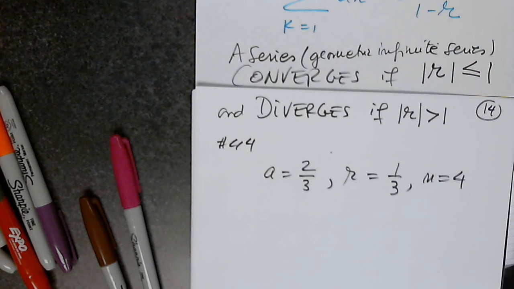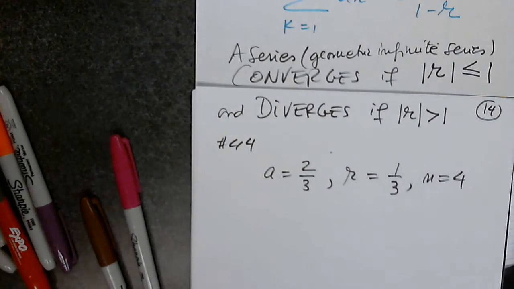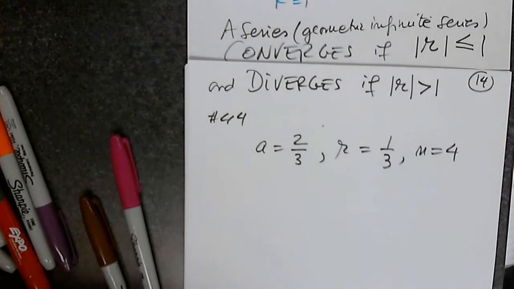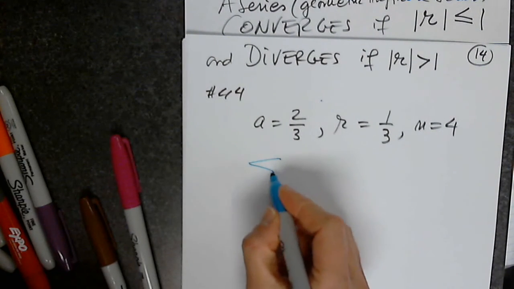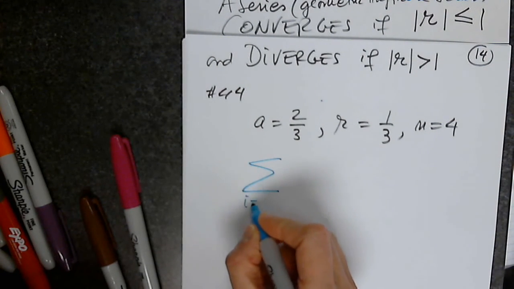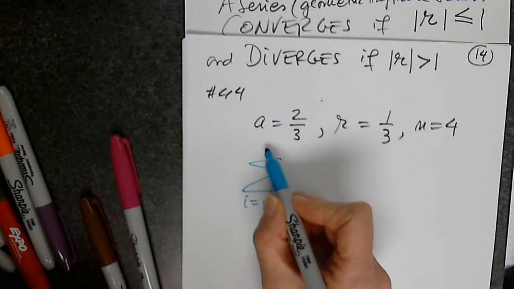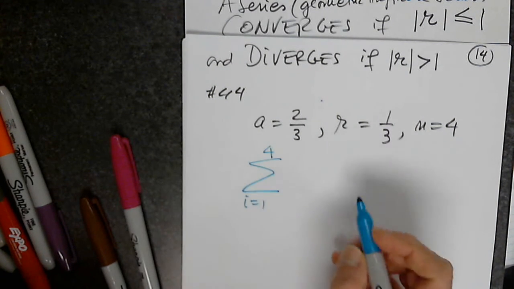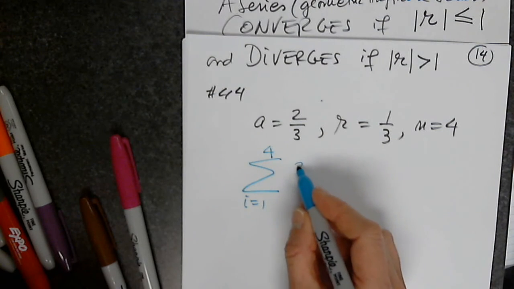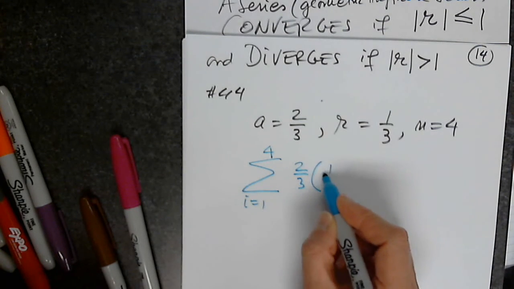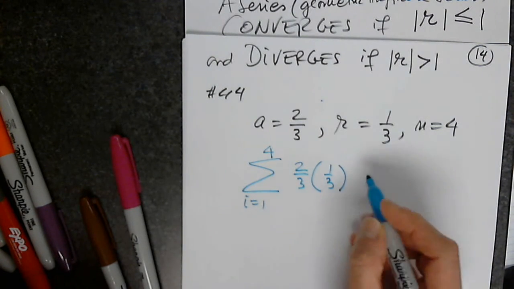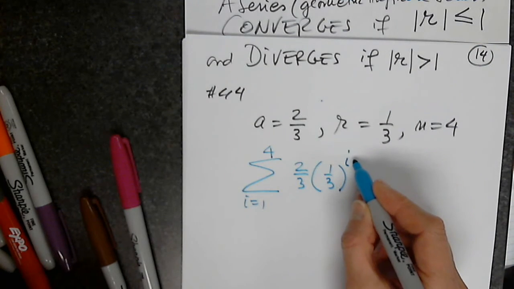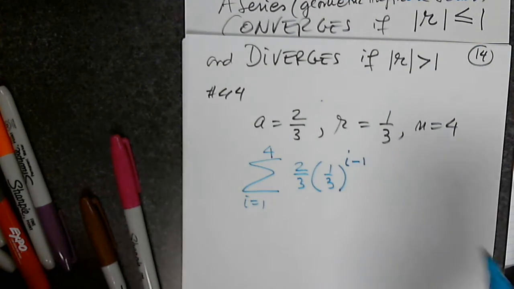Since we are given N equals 4, this is not an infinite series. So we are really asked to find the sum from i equals 1 through 4 of 2/3 times 1/3 raised to i minus 1.